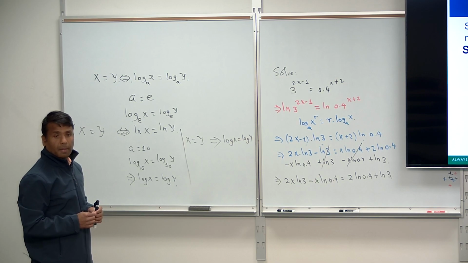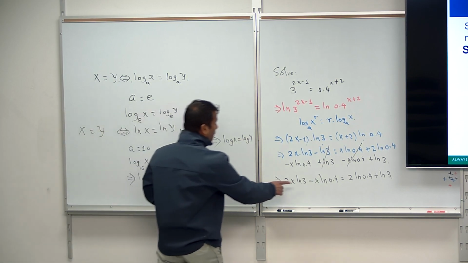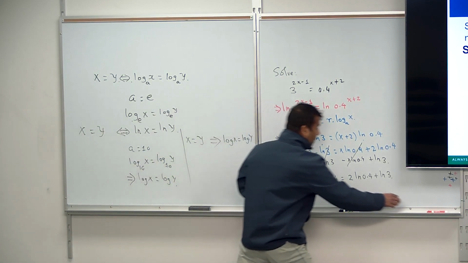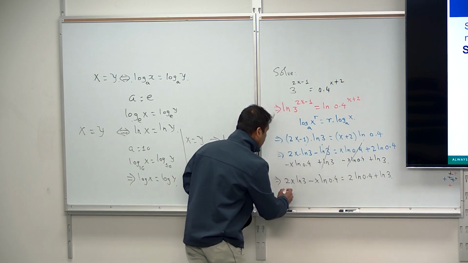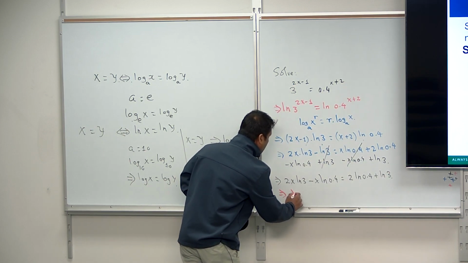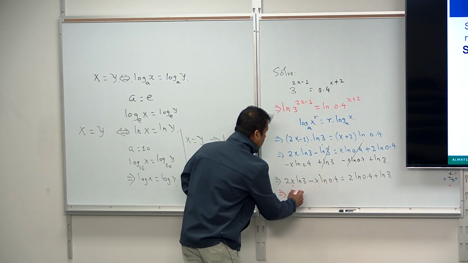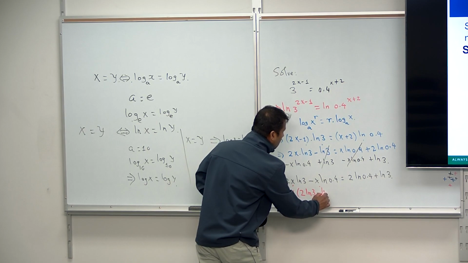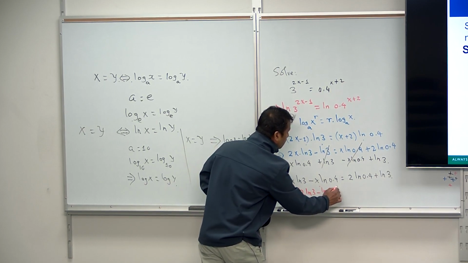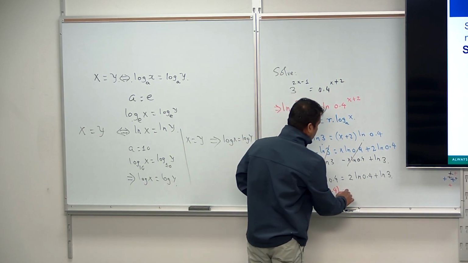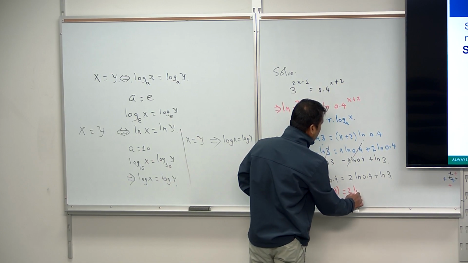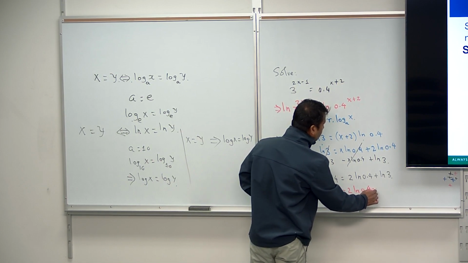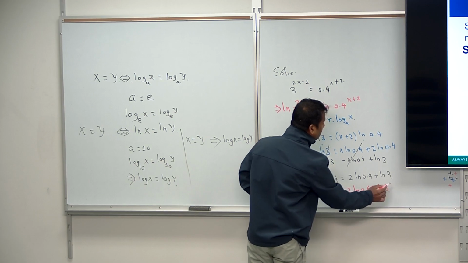You got it? And then you factor out x from here. So that will be x times 2 ln 3 minus ln 0.4 equals 2 ln 0.4 plus ln 3.